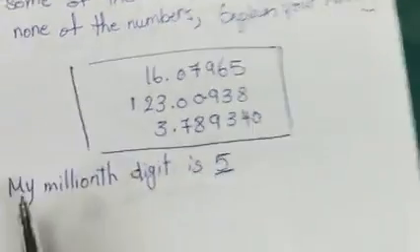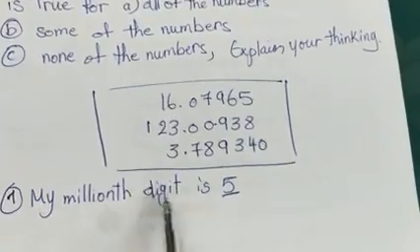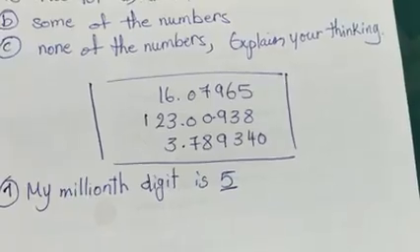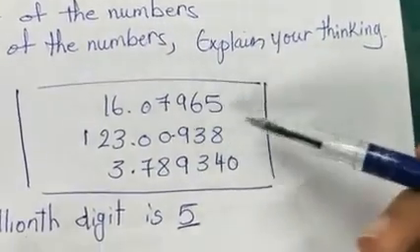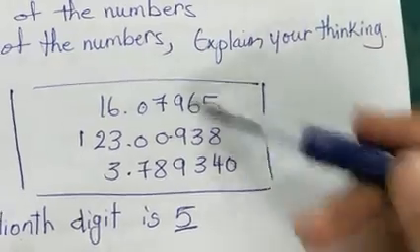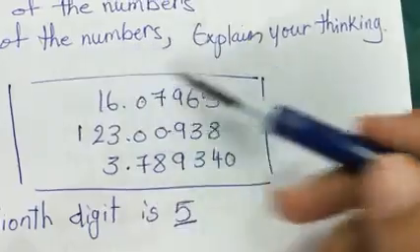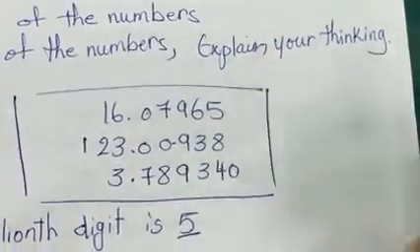Now the first statement from Alan is: my millionth digit is 5. First I will align all the numbers, and I will put all the place values at the top, to know which place value I'm in.